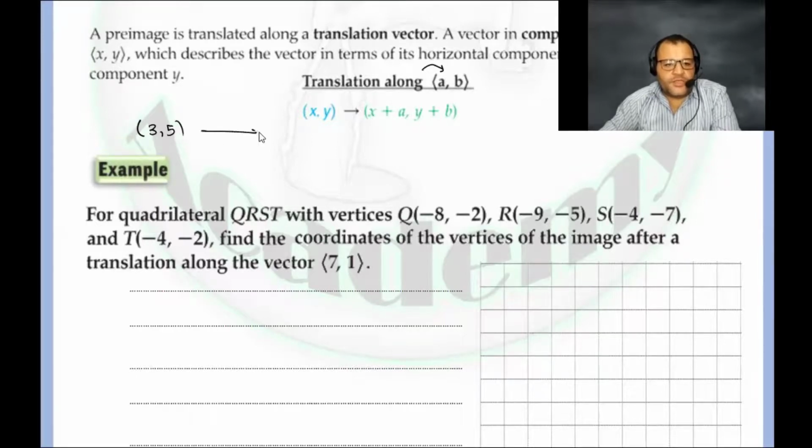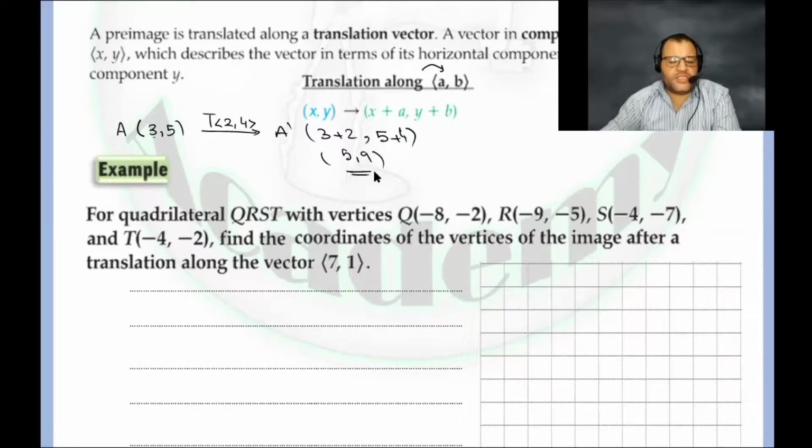We need to make a translation with the vector 2 and 4. So the image, that's A prime, will be 3 plus 2 is 5, and 5 plus 4 is 9. So the image will be 5 and 9. That is the meaning of translation: just add x with x, y with y.